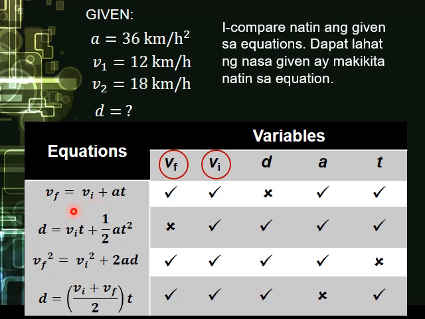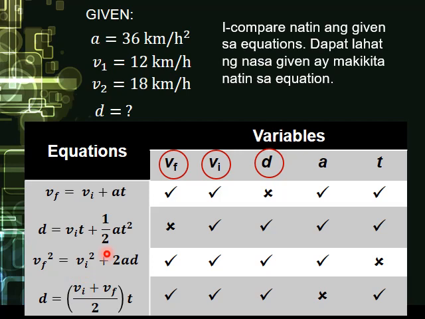Tatanggalin na natin to, hindi na to kasama kasi ito na lang pagpipilian mo. Vf squared, tsaka ito, meron ding Vf. And then yung d, nasa nito ang may d. Dito sa tatlo, ang d, dito nyo makikita sa dalawa na lang. Dalawa na lang itong pagpipilian.